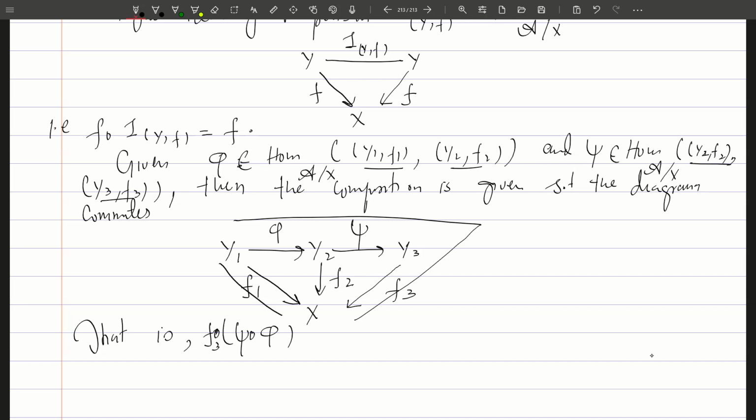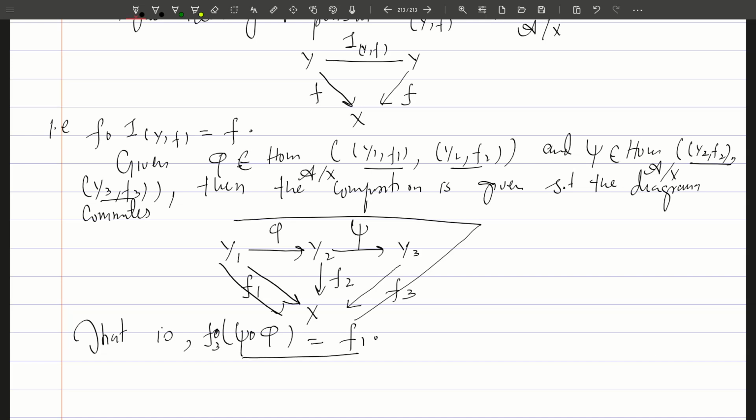So this is a morphism which takes y1 to x, and it is the same as going via this map f1. So the composition goes here like this.